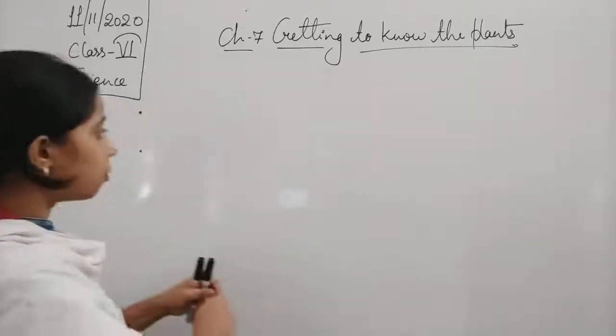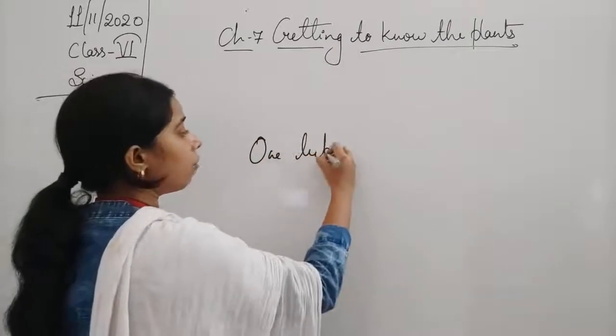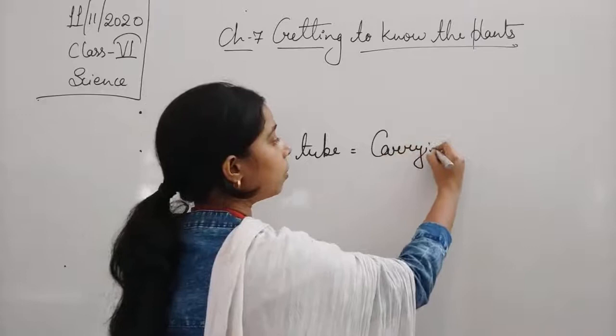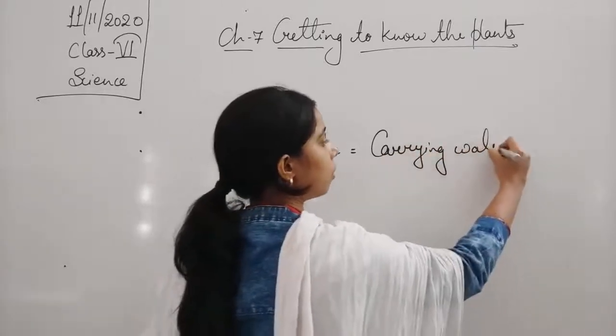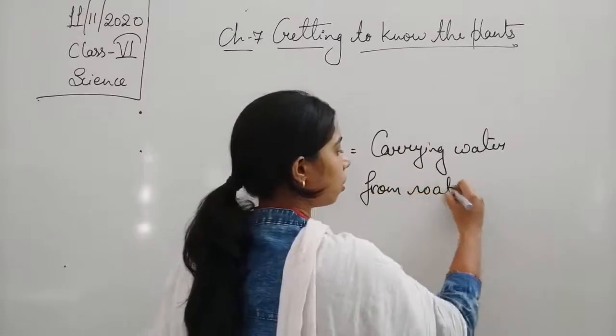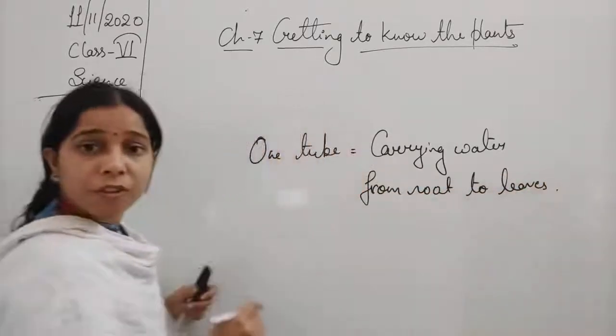The first tube helps in carrying the water from root to leaves. This is the function of the first tube.